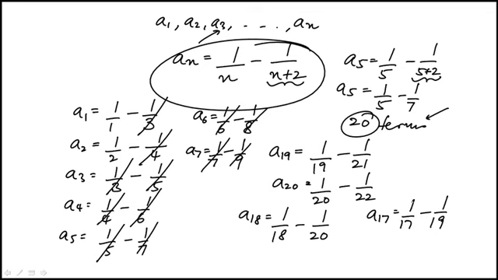So I know the 1/19 cancels, 1/20 cancels. Let me go back a little bit. A16 would be 1/16 minus 1/18. And I noticed that 18 would cancel.